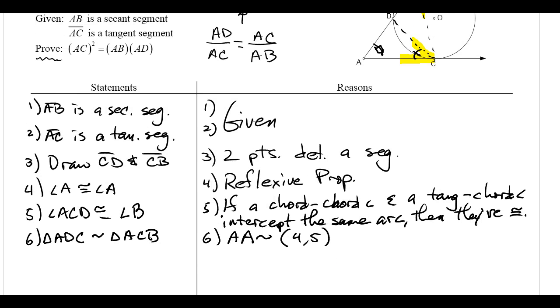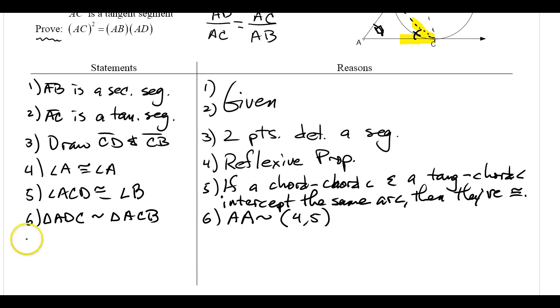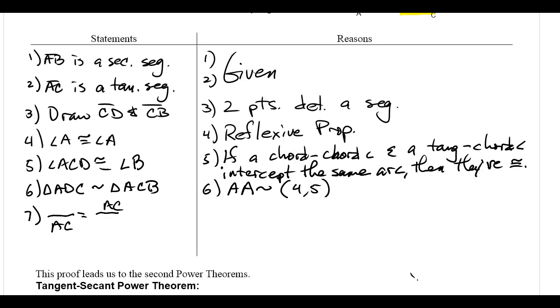And then once we have that, we can write the proportion that we had above. So we know that AC is going to be in our means, and then we had AD and AB. These are just the corresponding parts of the similar triangles. Corresponding sides of similar triangles are proportional.